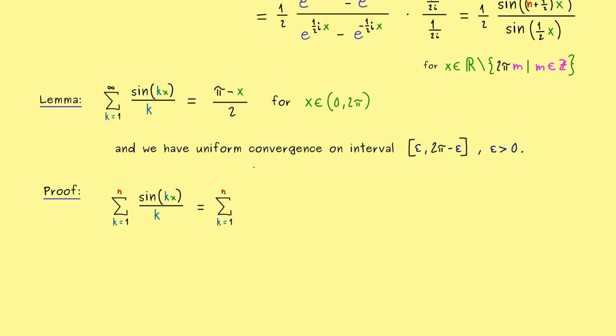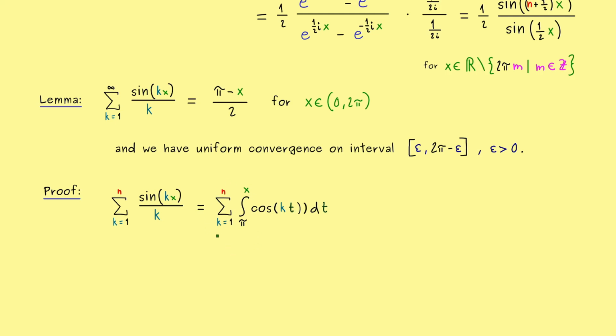And now, as I've already mentioned, this can be seen as an antiderivative for the cosine function, which means we can just write the integral from pi to x. And inside we have cosine kt dt. And now since the sine of k pi is always 0, this formula holds for every x.